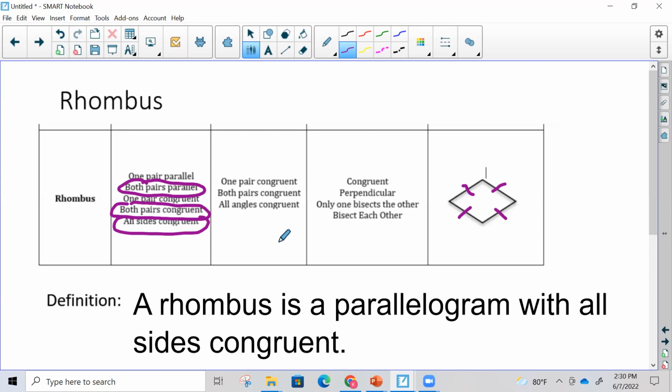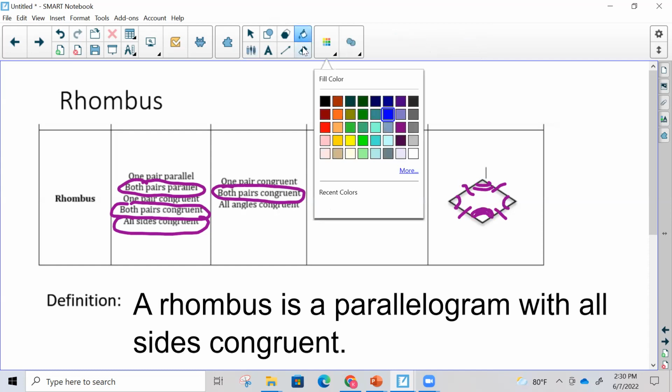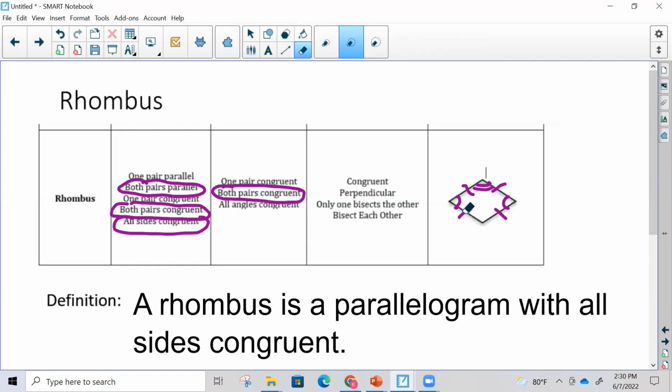So then when we talk about the angles, we know that it's a parallelogram, so we know that both pairs of opposite angles are congruent. Okay, and again, you could put all the arrows for the lines parallel, but again, it just gets really crowded. So usually just putting the tick marks is enough to show that it's a rhombus.